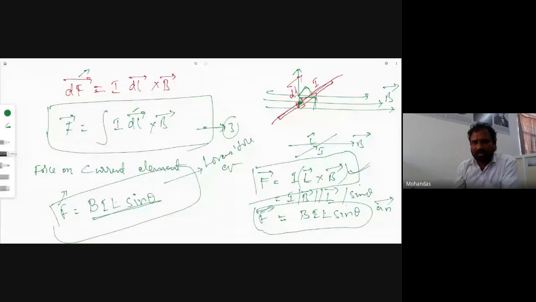Once you know a single conductor's force, if I place another conductor here, two conductors carrying current, one in this direction and another in this direction, let us say this is conductor 1 and this is conductor 2.